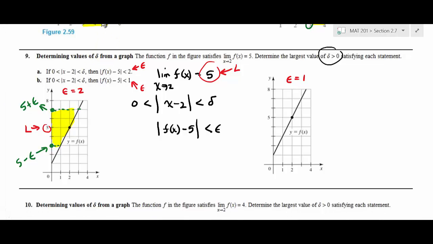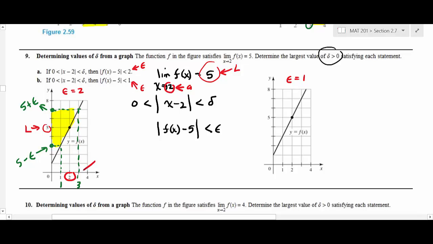Then we're going to go straight down from these values to get that delta belt. So that's going to 3, and this one is going down to 1. Again, this is what a is, the value you're interested in for the limit.